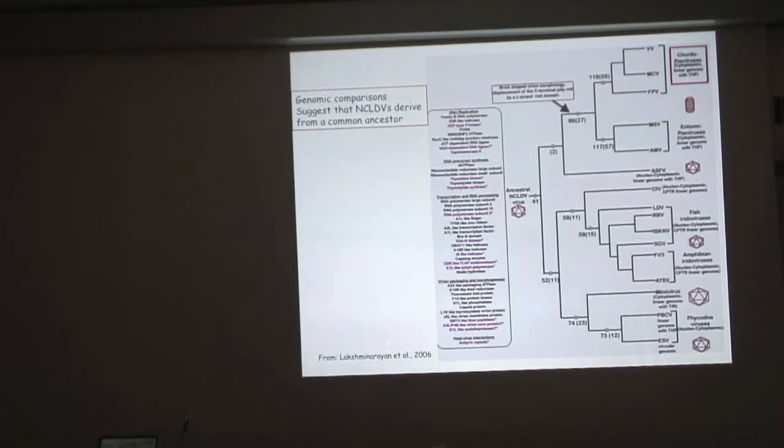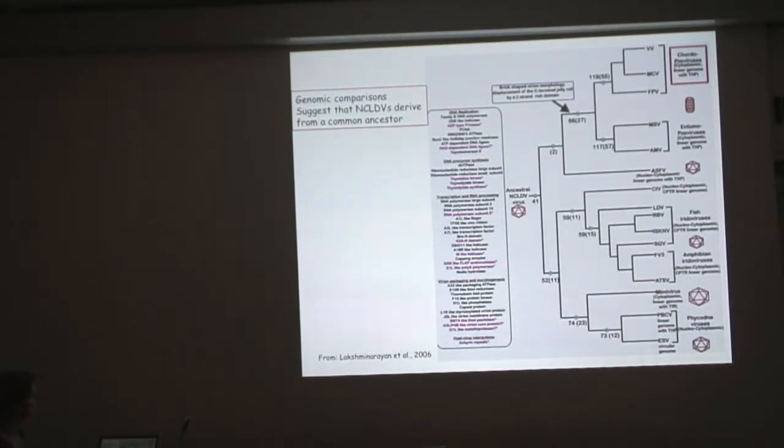And I've taken this from a review. Basically, when you compare the genomes of all of these large DNA viruses, hints suggest that they all derive from a common ancestor. What is very interesting is that most of these other large DNA viruses have an icosahedral form, whereas Vaccinia virus is brick-shaped.